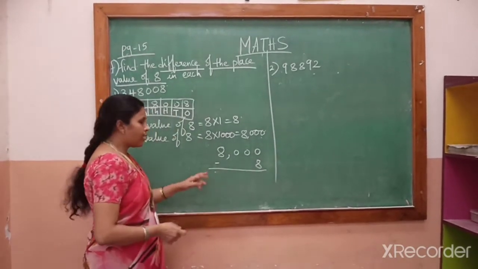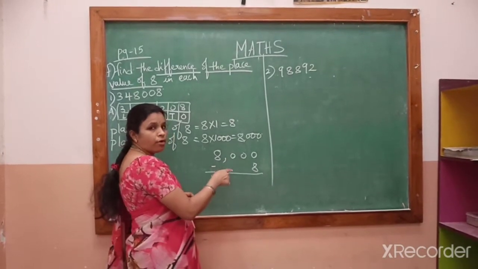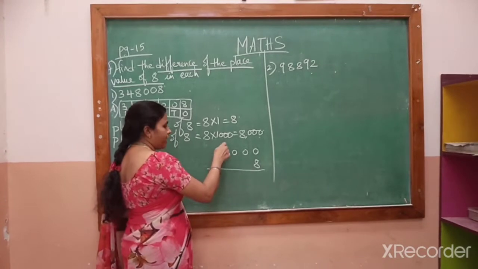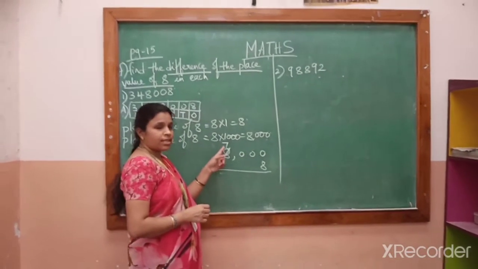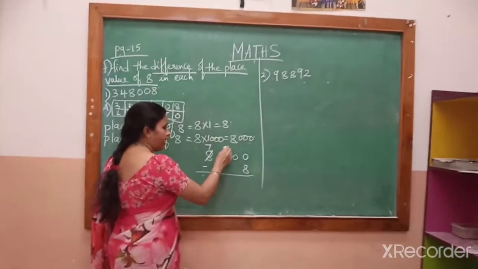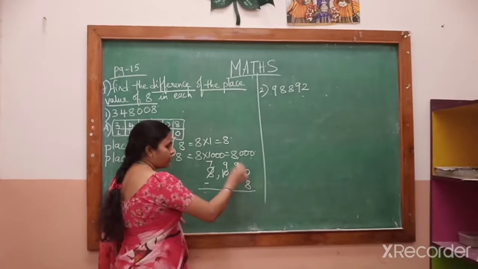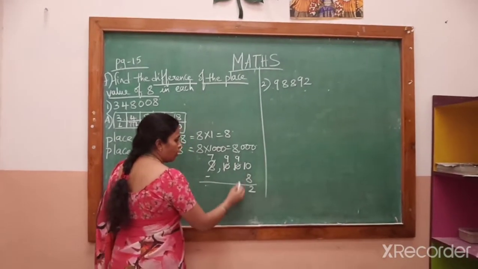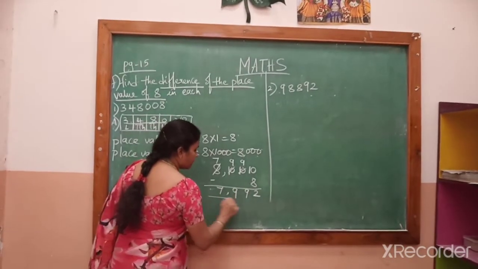Now do subtraction. From 0 we can subtract 8? No. So should I borrow from 0? No. I should borrow from 8. So I am taking 1, that means it becomes 7. Here 10, so it is 9. Again borrow 10, 9. Now this becomes 10. 10 minus 8 is 2. Bring down 9, bring down 9 and bring down 7.